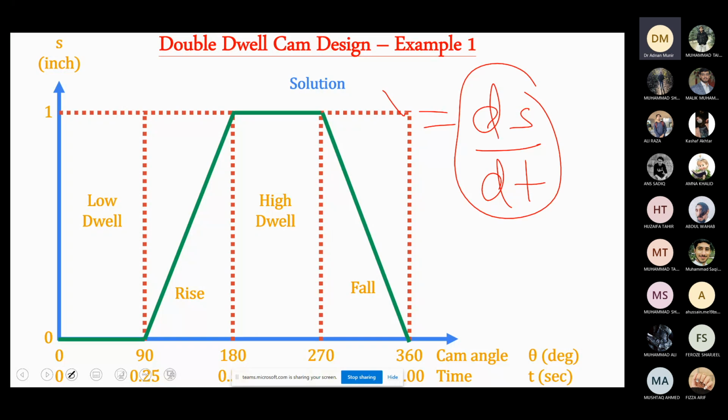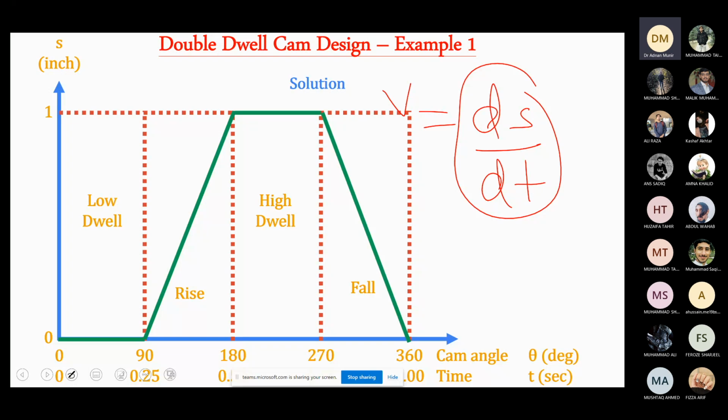Now, if we differentiate, does the order of differentiation reduce or increase? Does the power increase or decrease? It decreases, right? Differentiation means the higher order becomes a lower order by 1. The power decreases by 1.